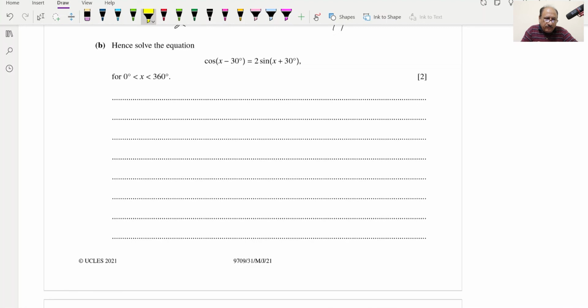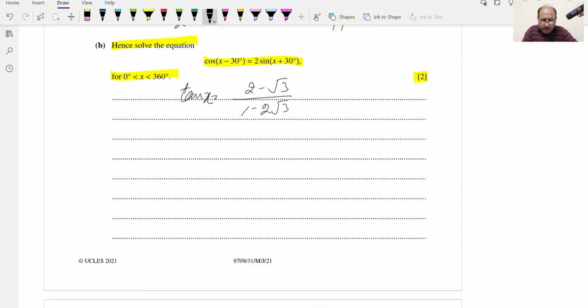So now we have to solve this equation. This equation is saying this is equal to this, which we have just solved, and they have given the range also, so we can rewrite. Tan x is equal to 2 minus under root 3 over 1 minus 2 under root 3.